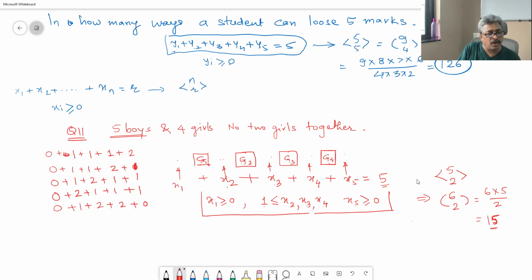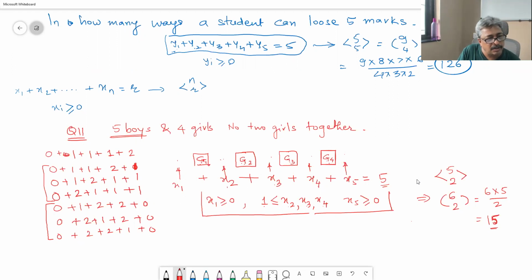Okay, so I'm not writing it in alphabetical order, but let us see if we can still complete. This is a set of 3. Now there will be a set of 3 like 0 plus 2 plus 1 plus 2 plus 0, and 0 plus 2 plus 2 plus 1 plus 0. This is yet another set of 2. There should be 15 total.